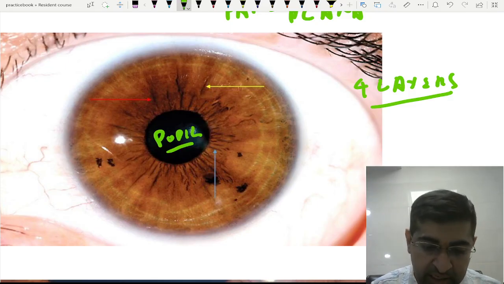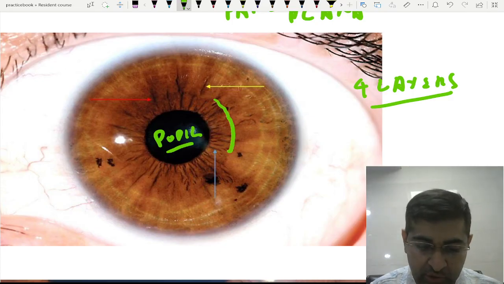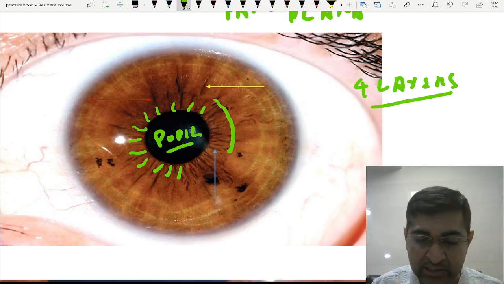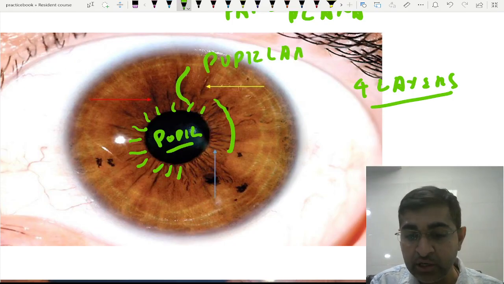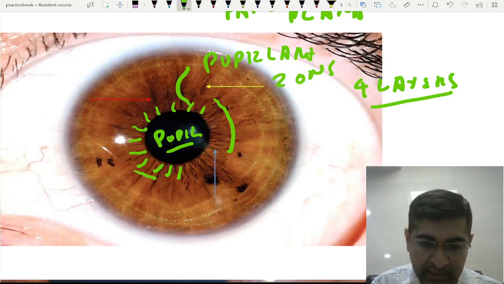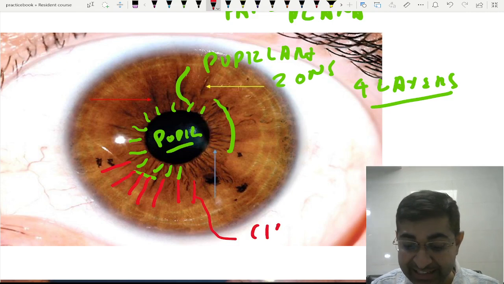Now can you see this zone, this part of the iris? This is known as the pupillary zone, right? And this part, and I am using a different color, is known as your ciliary zone.